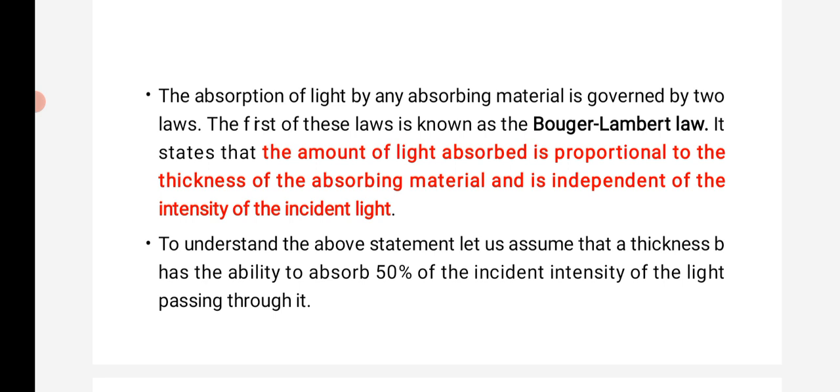So first of all, the first law is known as Bouguer-Lambert's law. That is the scientist who introduced that law, that's why the law is named after the scientist.